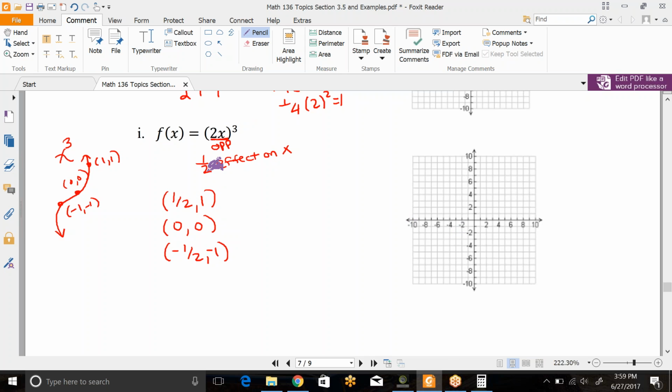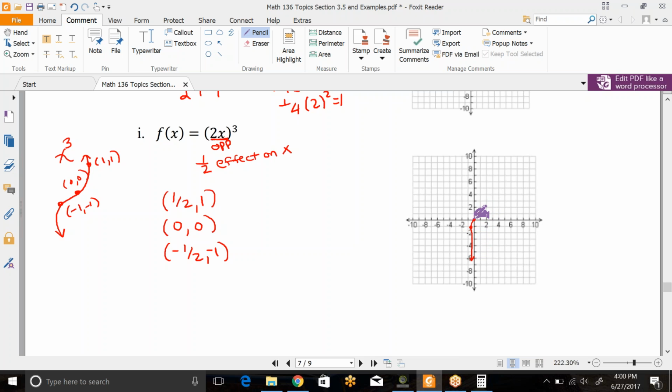And notice that the way I'm doing this is you figure out what the effect is, and when it's inside, it's opposite, so it's reciprocal, and you just multiply that by each of those x values. So this would be (1/2, 1), which is right here, and then (0, 0), and then (-1/2, -1).